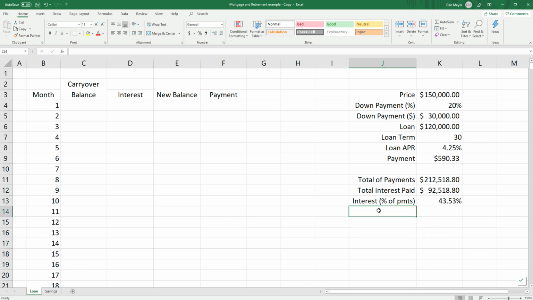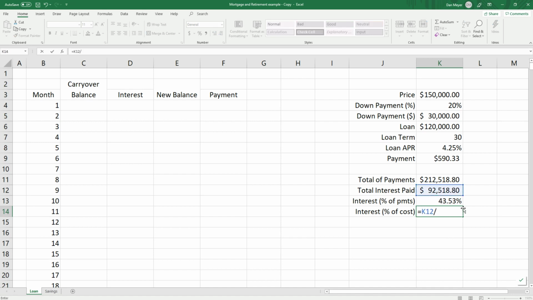If we want to do interest as a percent of the total cost, I guess if you look at the total cost of the house or the total price of the house, that has 3 components: the down payment, the loan amount, and the interest. Okay? So again, this is another part to sum ratio.